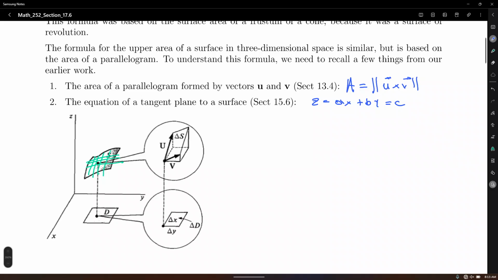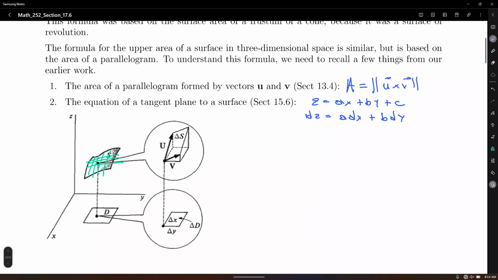We need vectors, these vectors u and v. So let me write down the differential: dz equals a dx plus b dy. Oh wait, this is a plus c, not equal c. The derivative of c right here will be 0, right?